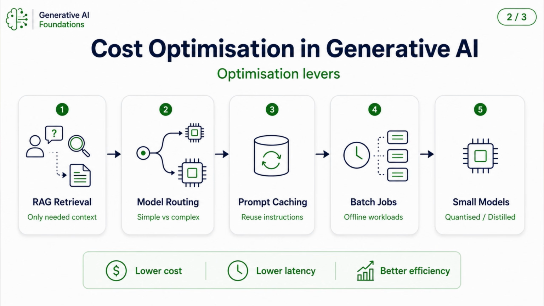Then comes batch processing, which can also reduce the operational cost for offline workloads where real-time responses are unnecessary. Some organizations may additionally use smaller models, quantized models, or distilled models for narrow use cases where very large models are not required.